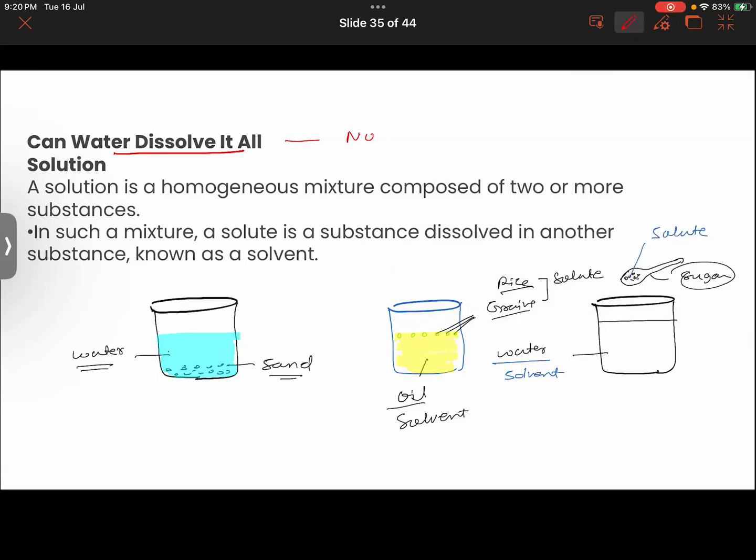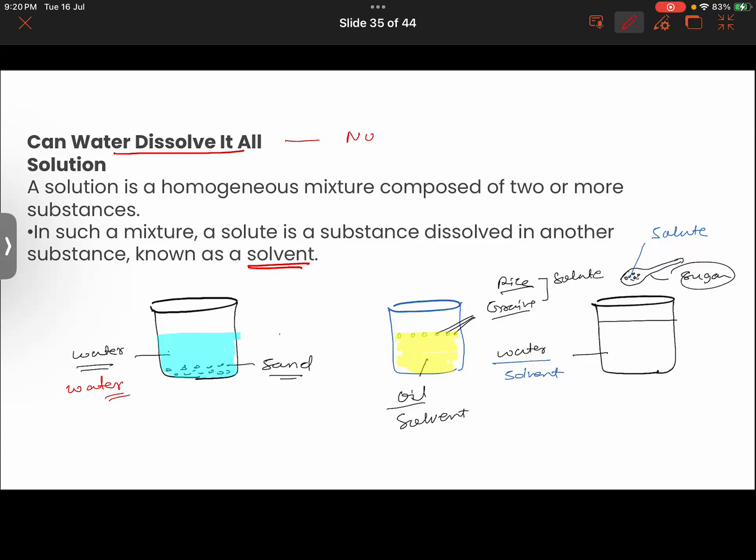Ira, you tell me, out of sand and water in this mixture, which one is solvent? Sir, water. Yeah, the water. Okay. What about you, Halima? Which one is solute? Sir, sand.